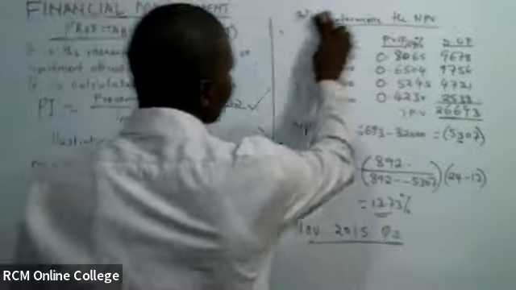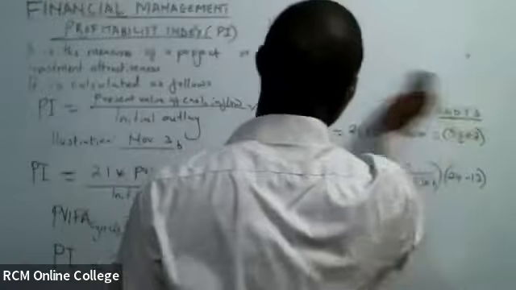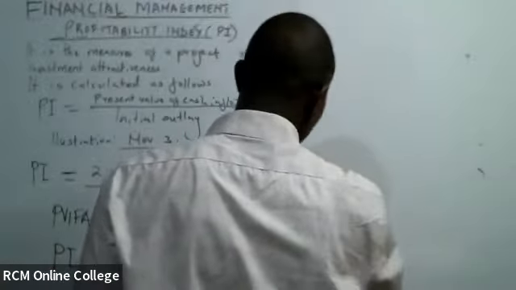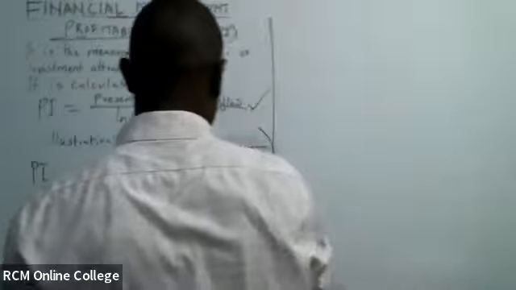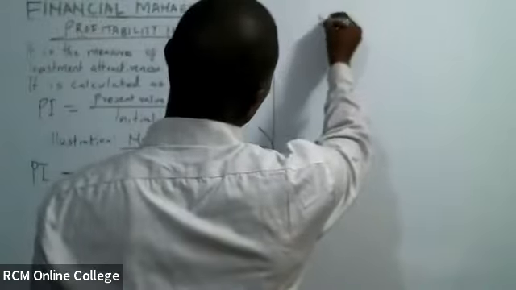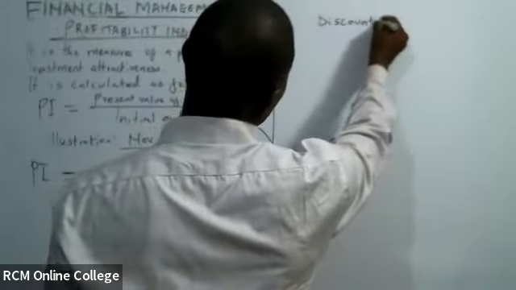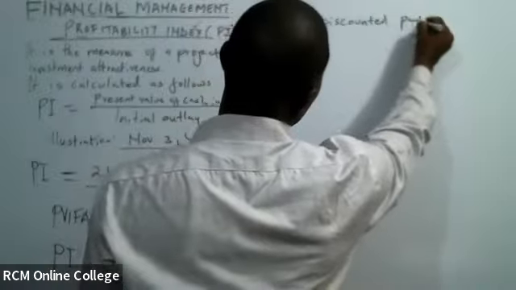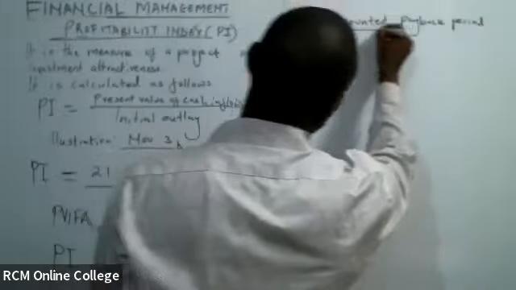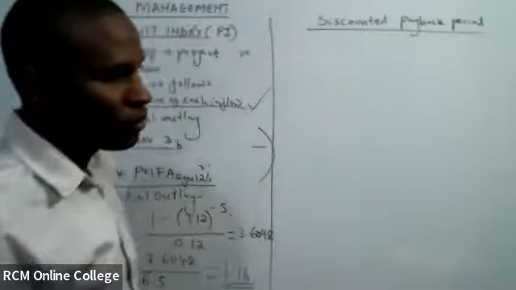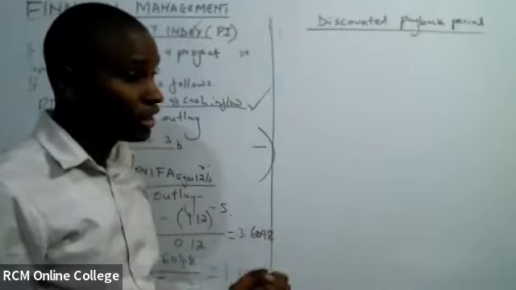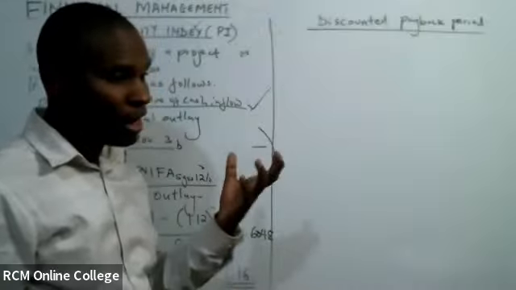Let's go to the next one, which is the discounted payback period. Hope that you remember the definition of the payback period. We say that it is the period taken by a project to recoup or recover the initial outlay.